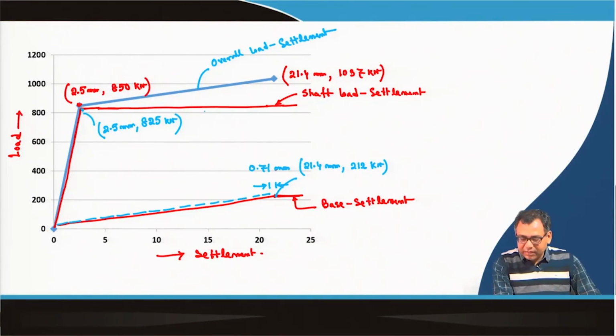This one is the shaft load versus settlement, this is the base load versus settlement, and this one is the additional settlement due to the pile material deformation or pile deformation. So, this way we can determine the load settlement curve theoretically for a pile, definitely with some assumptions, and that I have discussed in the previous class.